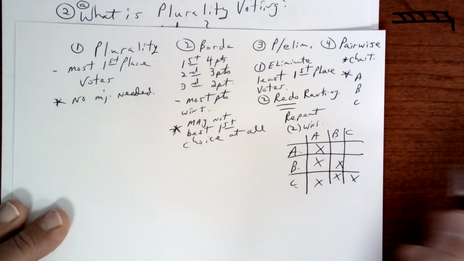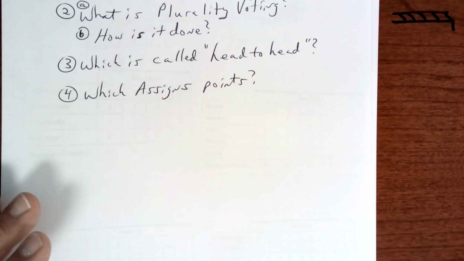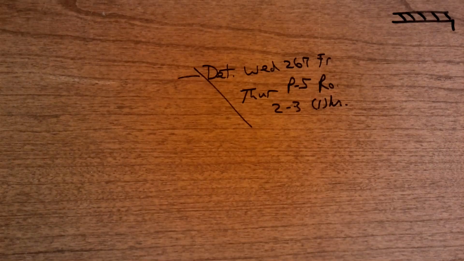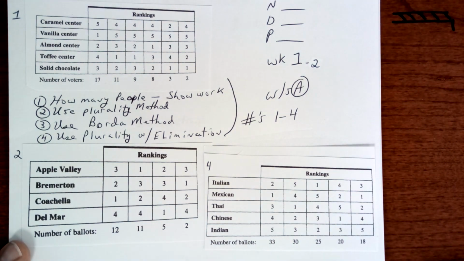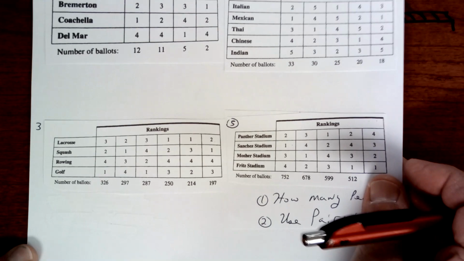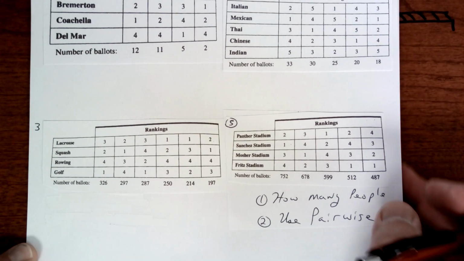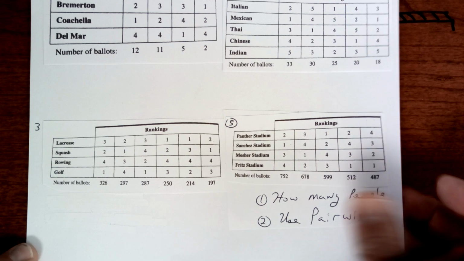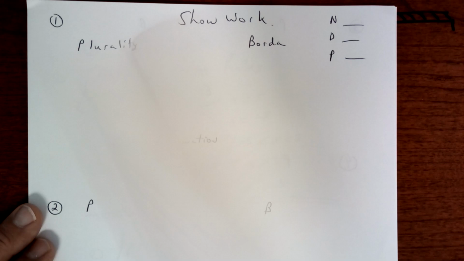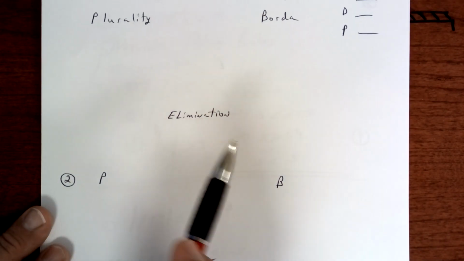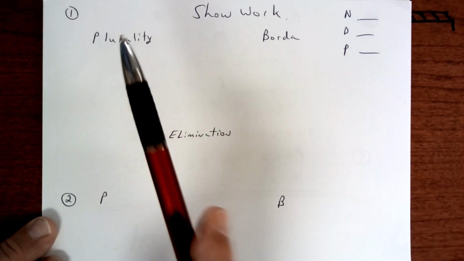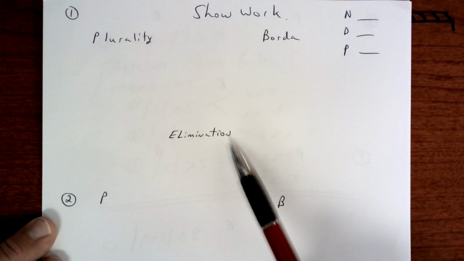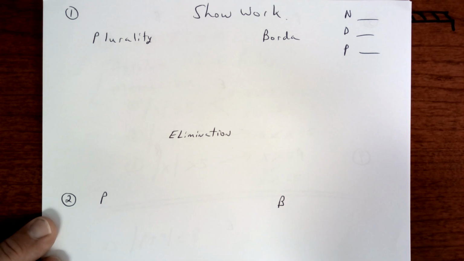Okay, so let's talk about today's work. Today's work is right here. You're going to be doing a worksheet. And I'm going to work the first one with you in class. Okay? And I want all the work on this sheet right here. So number 1, plurality, Borda, and plurality with elimination.